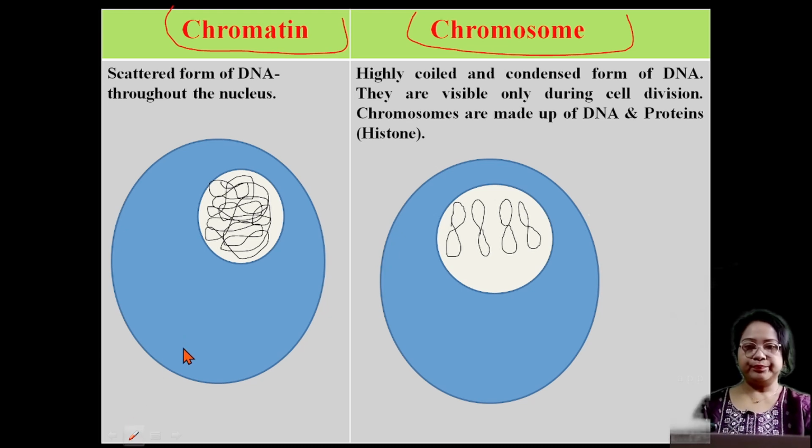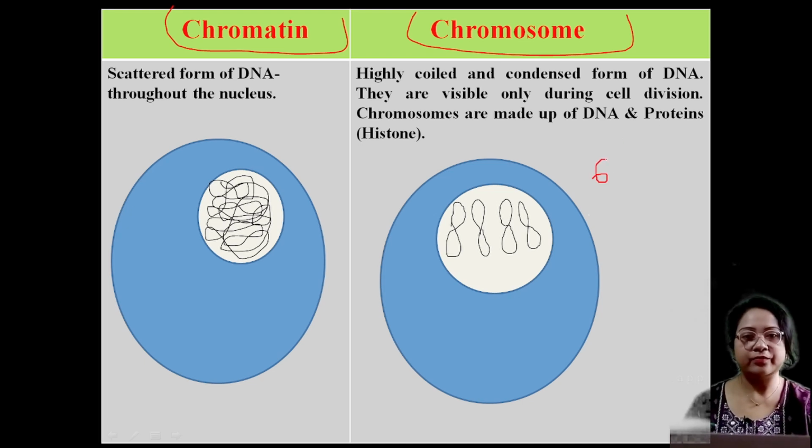Chromosomes are what? Chromosomes are a highly coiled and condensed form of DNA. Before cell division, the DNA was in scattered form.